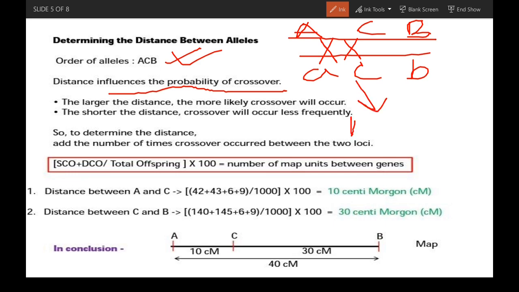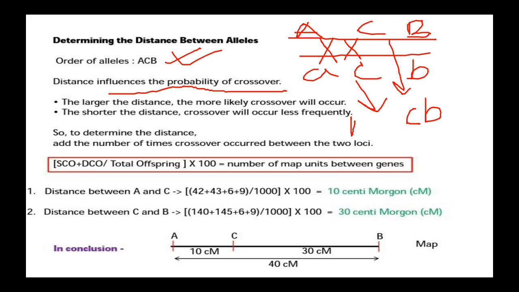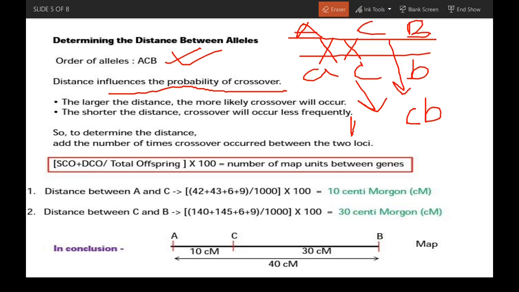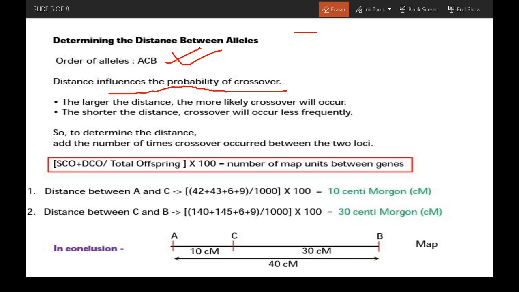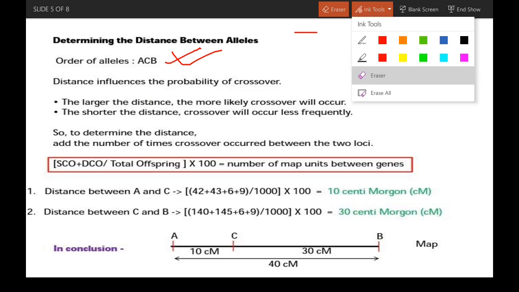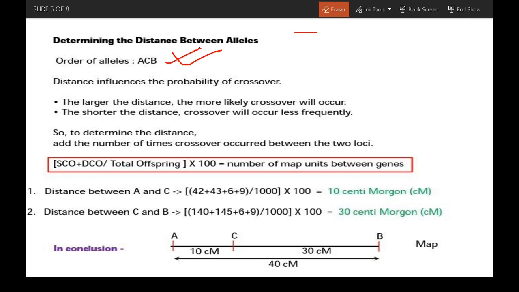But if there is very little crossover, then those genes are very close by. We already know this, right? The larger the distance, the more likely crossover will occur. The shorter the distance, the less frequently crossover will occur. So we determine the distance by the number of times crossover occurred between the two loci.